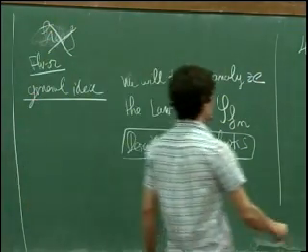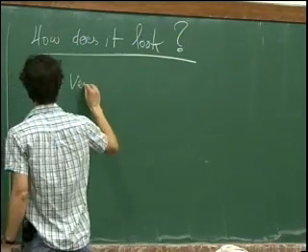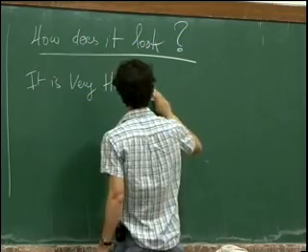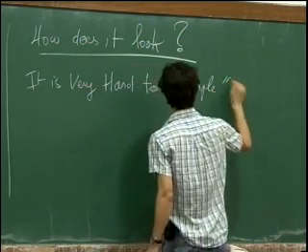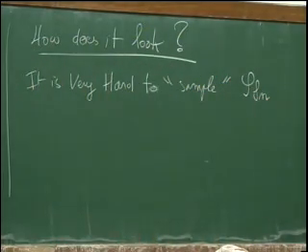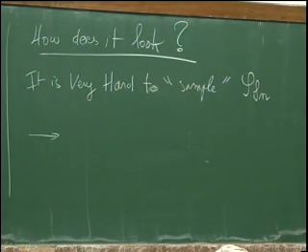There is a problem here, which is that it is very hard to sample this random set. Let me tell you the only algorithm which is known to do it, and it's pretty weak. The only algorithm is the obvious one.